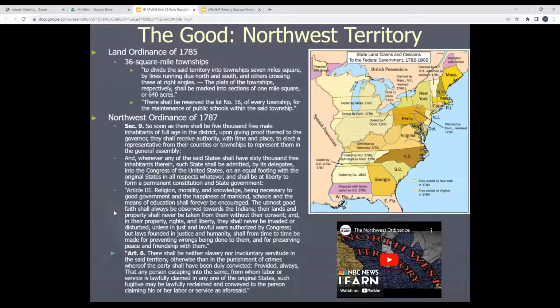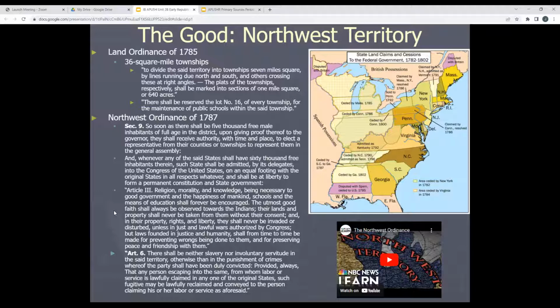But without question, think about it. On equal footing with the original states in all respects whatever. That's awesome. That when the new state is formed out of this Northwest Territory, right? Let's consider two awesome circumstances here. One, that the original states that had claim to that land give it up.